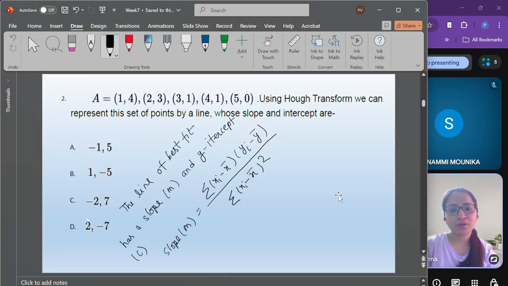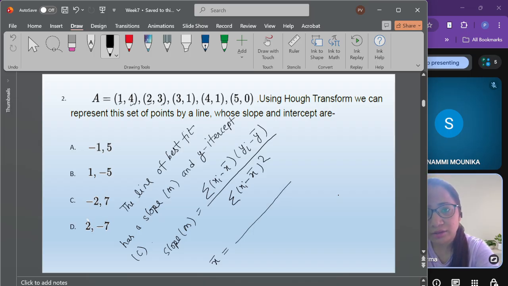So first we need to calculate the mean values of the x and y direction. If you just see these points, these are the x and y. So for that we have to calculate the x bar. First we need to calculate the average of all x values.